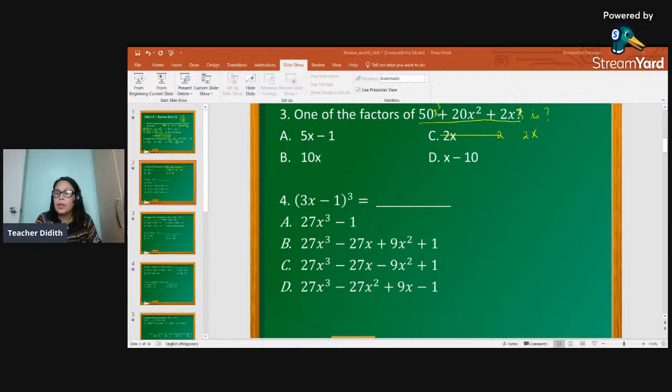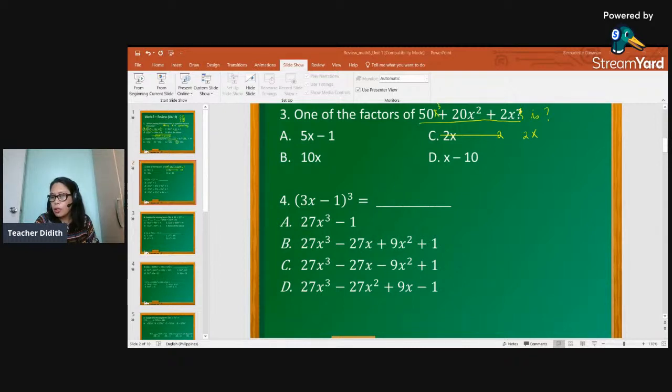I've just discussed with you factoring the perfect square trinomial and factoring using the GCF. Since the trinomial is not a perfect square trinomial, the best thing that we can do is to work on the GCF, and the GCF for the trinomial is 2x. As we divide this trinomial by 2x, we'll get 25x squared plus 10x plus 1.